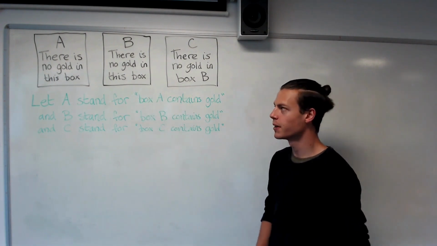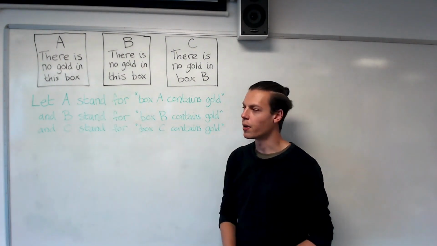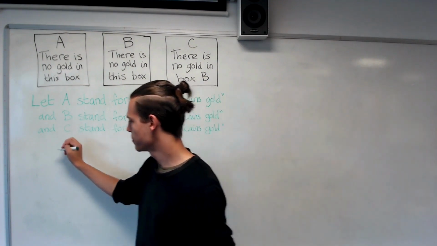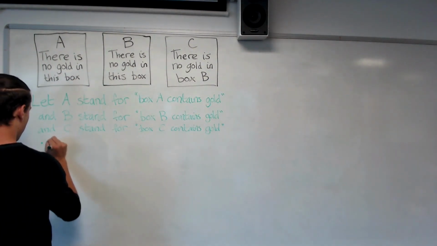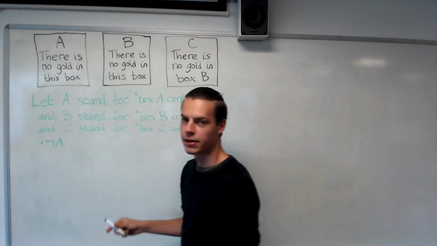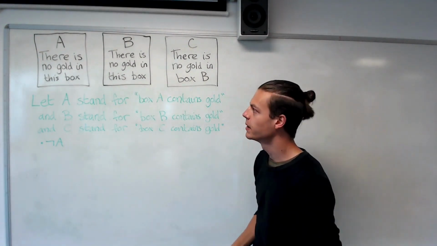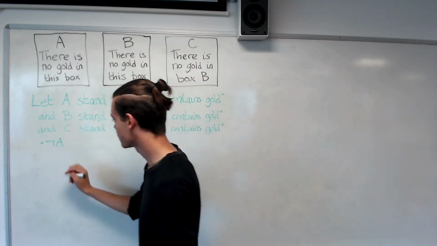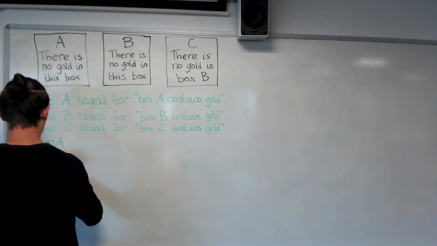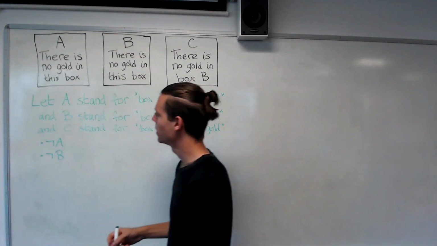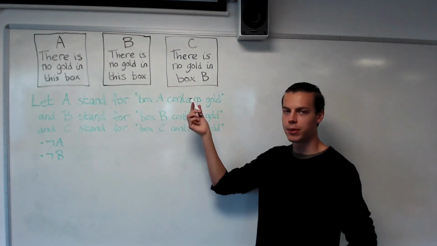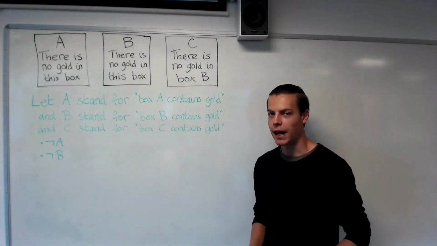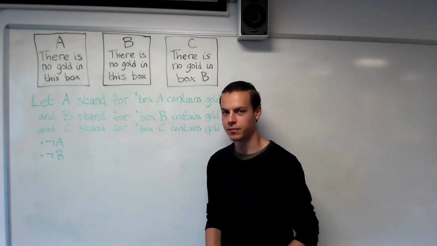So the first statement, there is no gold in this box, written on box A, tells us not A. The second statement, written on box B, says there is no gold in this box. In other words, not B. And finally, the statement on box C, there is no gold in box B. Well, again, that says not B.